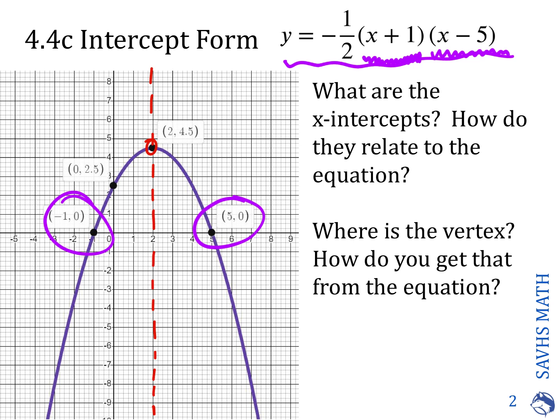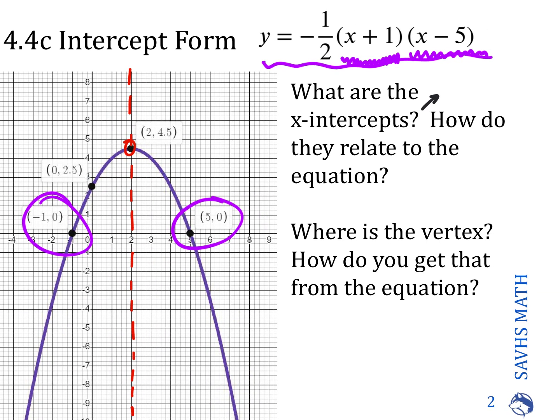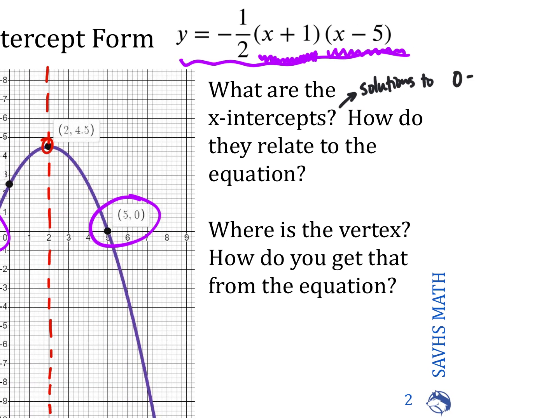If we think about what we're doing here in terms of the x-intercepts, the x-intercepts are where the equation is equal to 0. So they're solutions to the equation 0 equals negative 1/2 times x plus 1 times x minus 5.